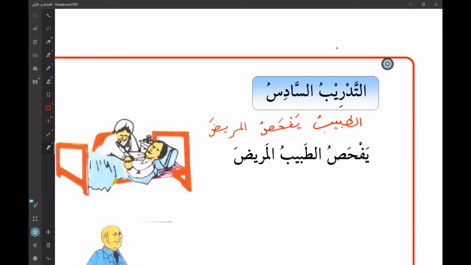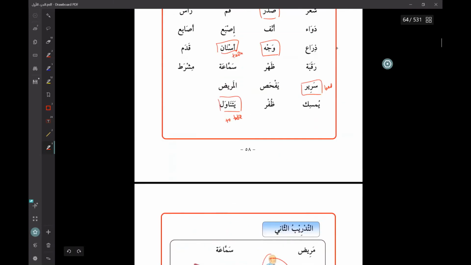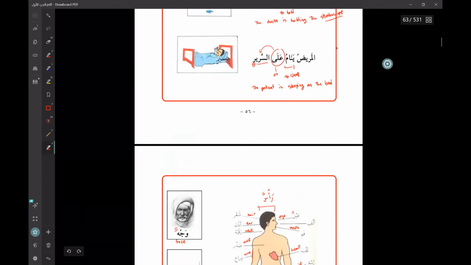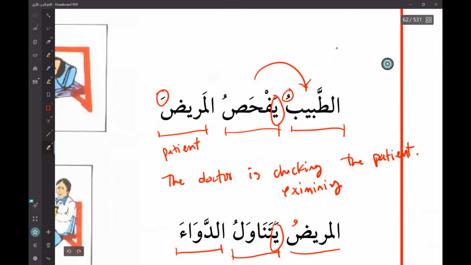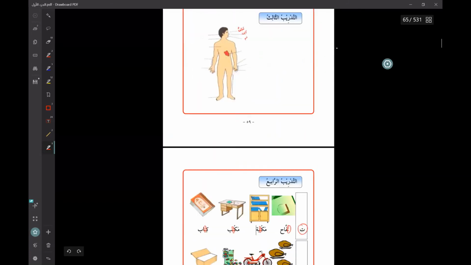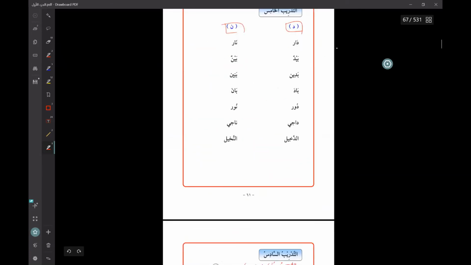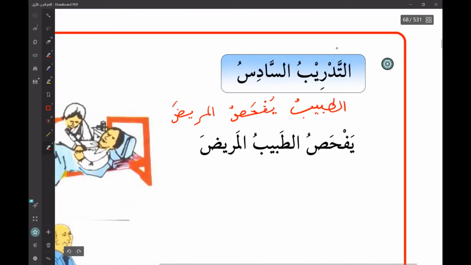Okay, just to confirm, let's go back and see if that's what we had. Here's at-tabibu yafhasu al-marida. So what's the difference? Looks like it's exactly the same words, just in a different order. The first one we had at-tabibu, then in the middle we had the verb. So how did we translate?